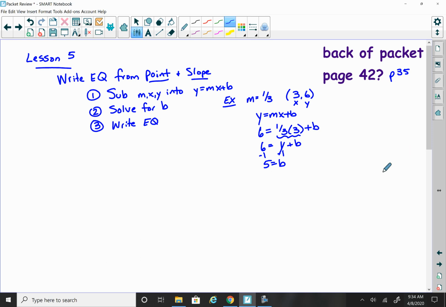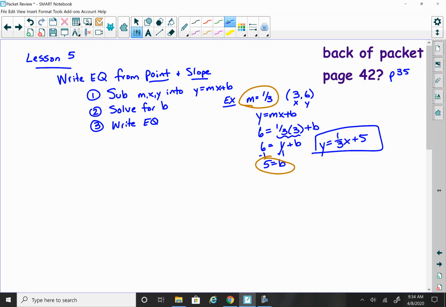Excellent. But then some of you forgot that last step, write the equation. You want to take your slope and your y-intercept and write the final equation. So we're going to say y equals 1/3 x plus 5. That's the equation of a line that goes through this point and has a slope of 1/3. So we can write an equation from a point and a slope.